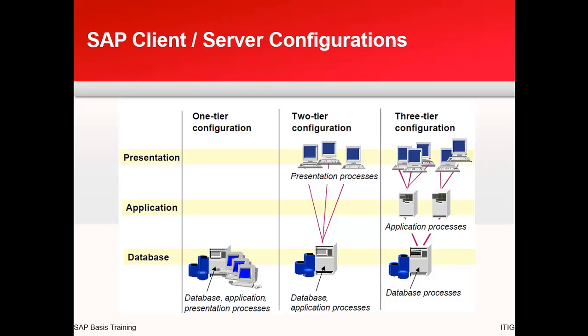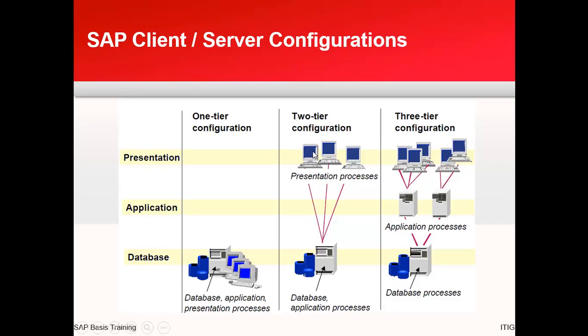Let's get into the next slide, which shows the client-server configurations. You have three different configurations. On the left is the one-tier configuration, in the middle the two-tier configuration, and on the right the three-tier configuration. In the one-tier configuration there is no separate presentation layer or application layer; everything is in one layer, which has the database, applications and presentation processes.